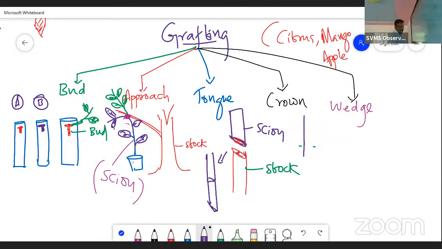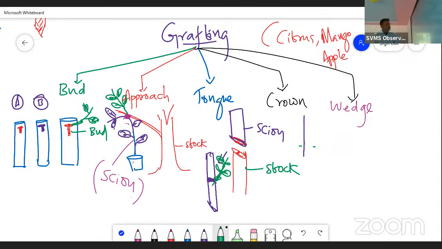At the place where they are obliquely joined together, new buds arise, and this bud grows into a new plant. This is the tongue grafting technique, right?